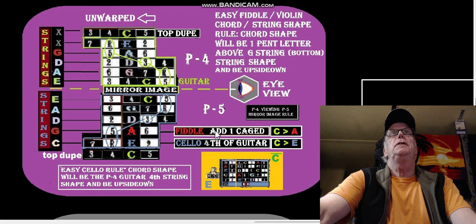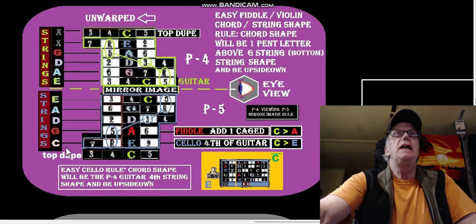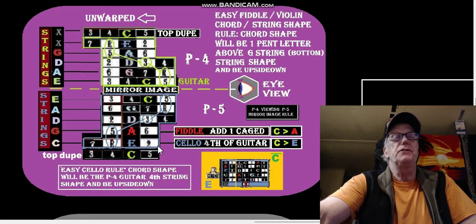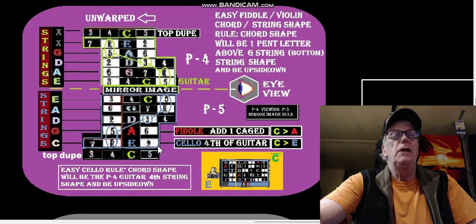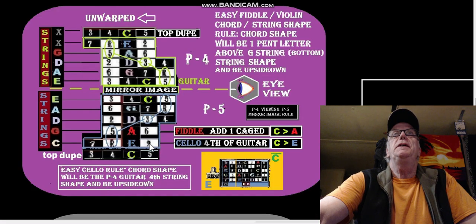For the fiddle, you would add 1 caged, but what's more important, because this 5 could just as easily be down on the bottom string on the C string anyway, right? So it doesn't matter. The bottom string rule is for cello.